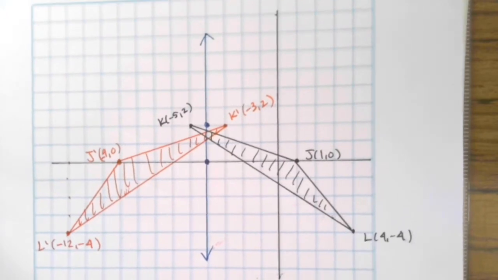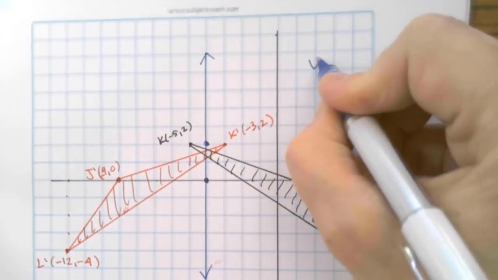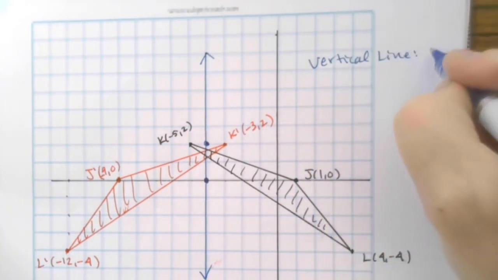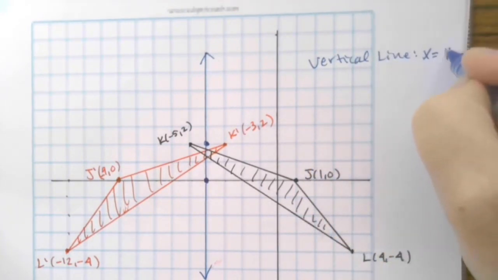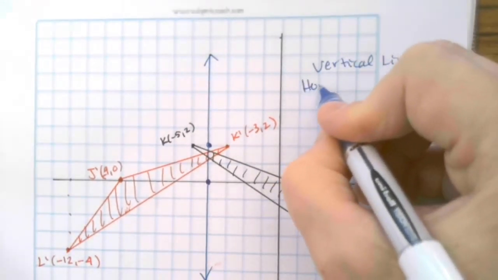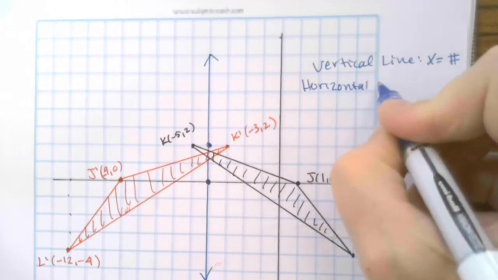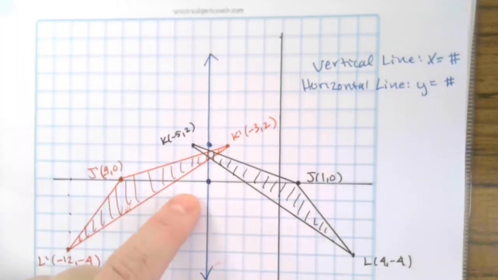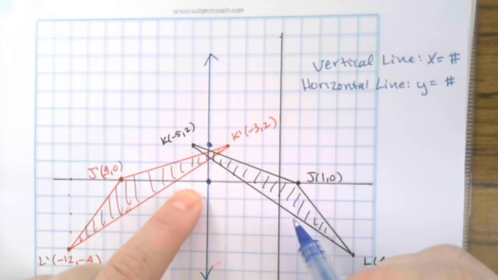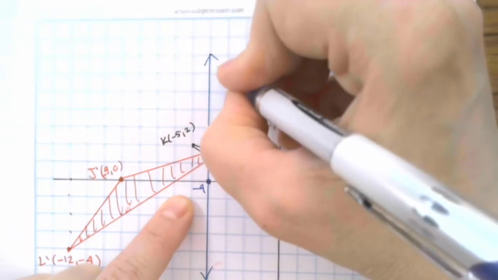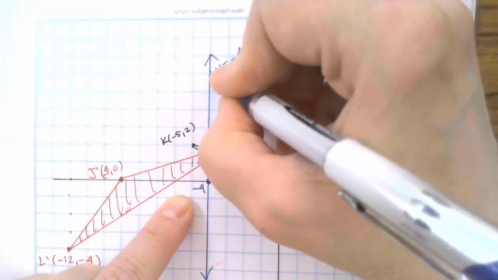So remember that the equation of a vertical line is always x equals the number where it crosses the x-axis. For a horizontal line, the equation is y equals the number where it crosses. This crosses the x-axis at -4. So my equation is x equals -4.